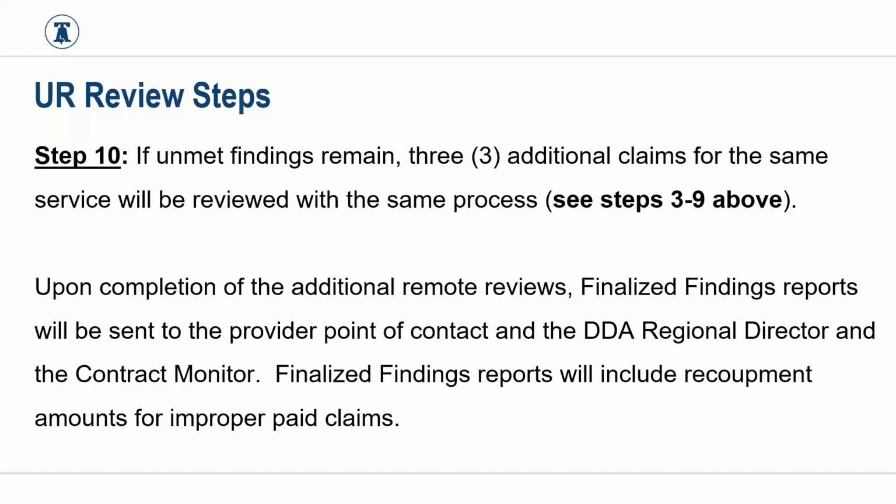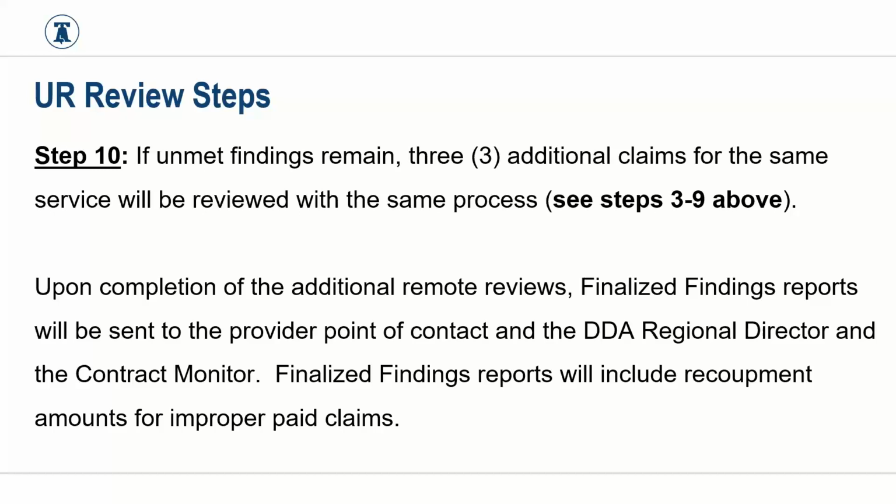We will go through the same steps, 3 through 9, that we just talked about above, if there are still unmet findings for that original claim. So that means we will notify the provider. Again, we'll provide that additional 5 business days to provide service documentation for the 3 additional claims.